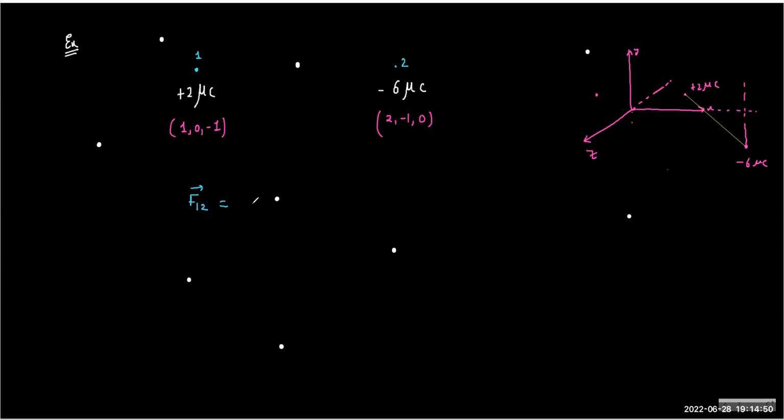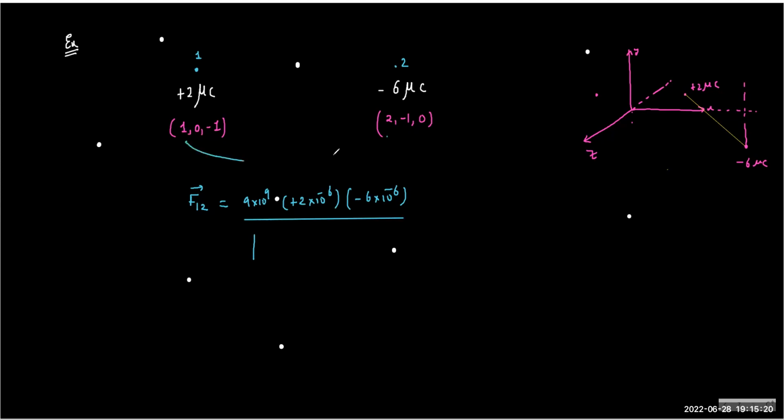Yes. So first of all, we'll write the formula: K Q1 Q2 upon mod of r1 minus r2 cubed, which is pretty easy. 1 minus 2, how much?